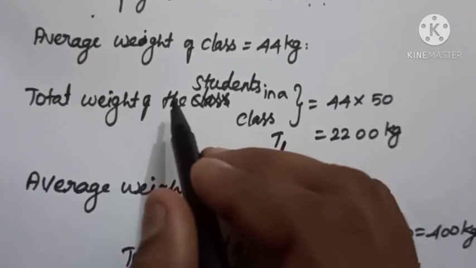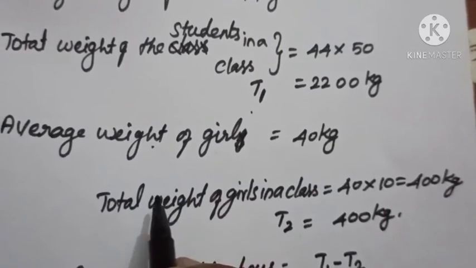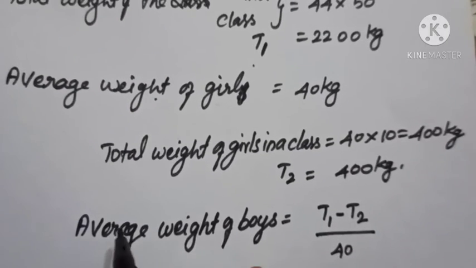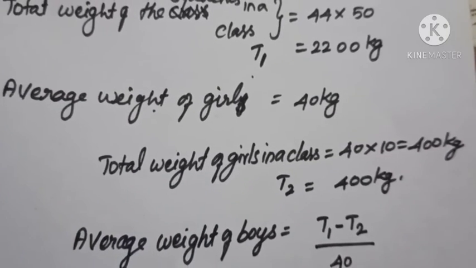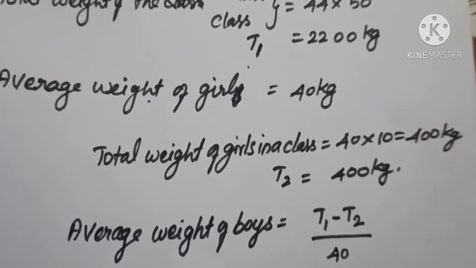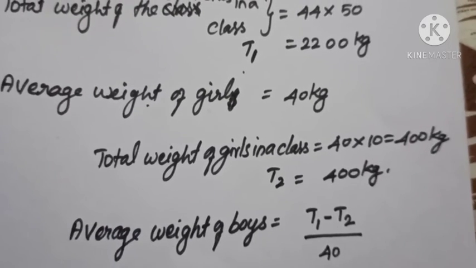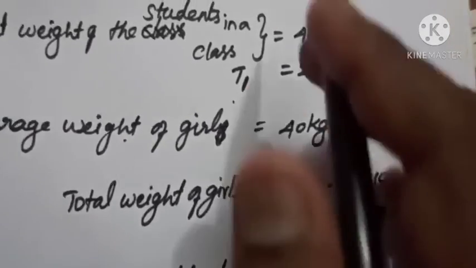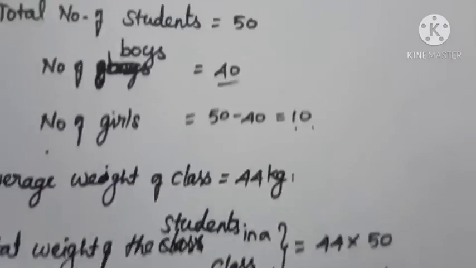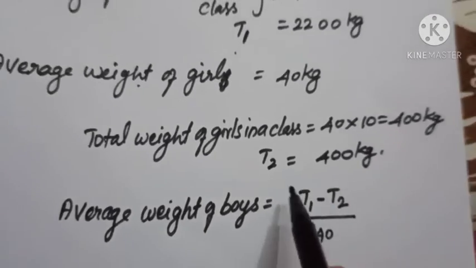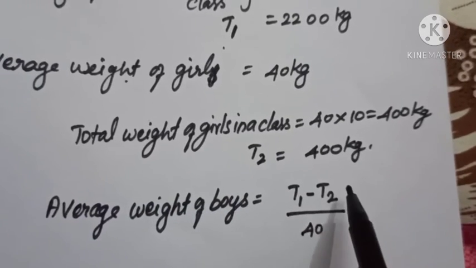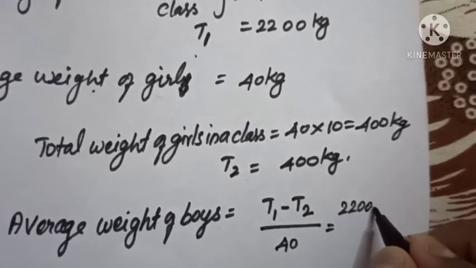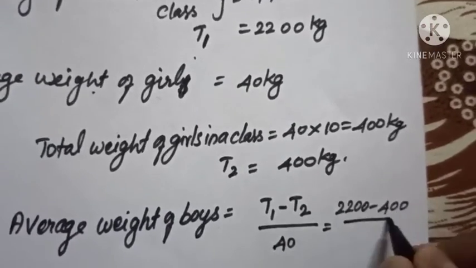So I take T1 as the total weight of the students and T2 as the total weight of the girls. What we need to find is the average weight of the boys. That is the total weight of the boys divided by the number of boys in the class. You know that the number of boys in the class is 40. T1 is the total weight of the class and T2 is the weight of girls. If you subtract, it is 2200 minus 400 divided by 40.